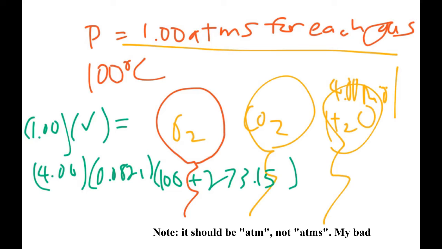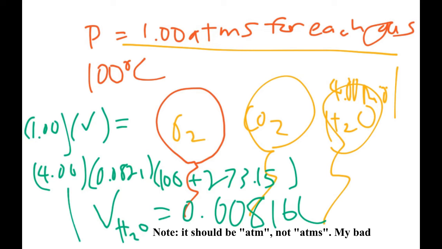And doing all the math and keeping track of significant figures, we get that the volume of the balloon containing the moles of H2O is equal to 0.00816 liters. So that's how you find the volume for each substance if you separate it into separate containers.